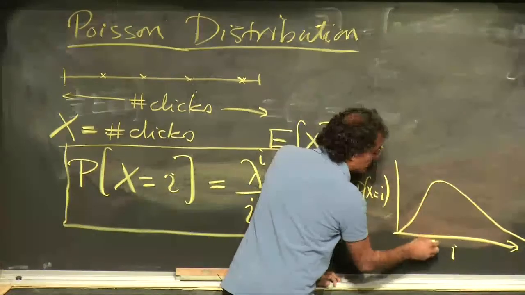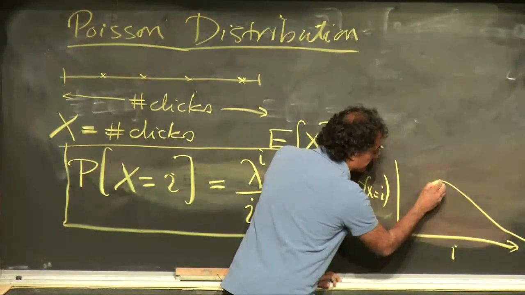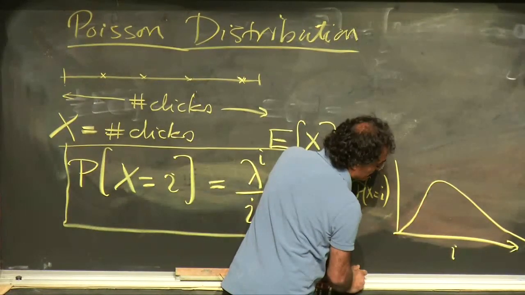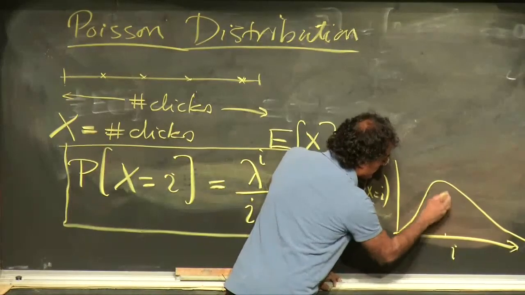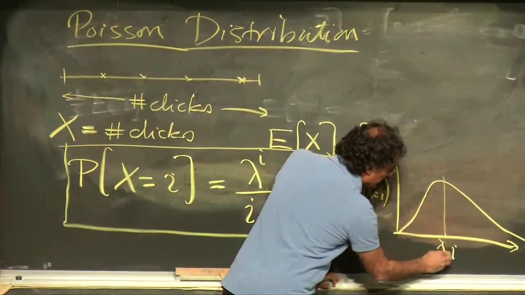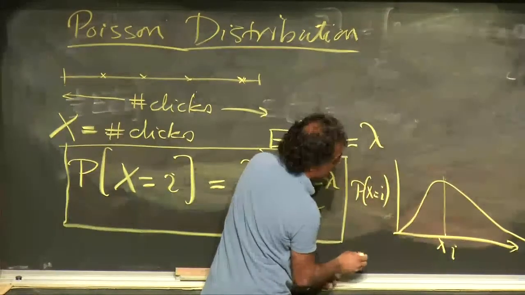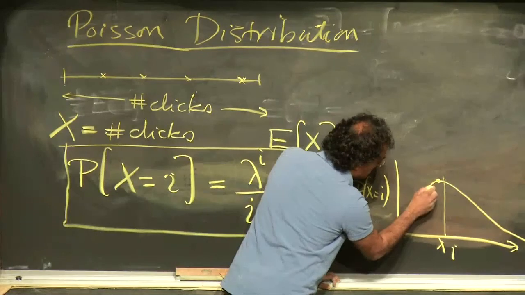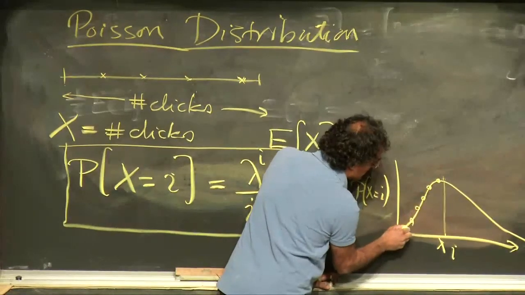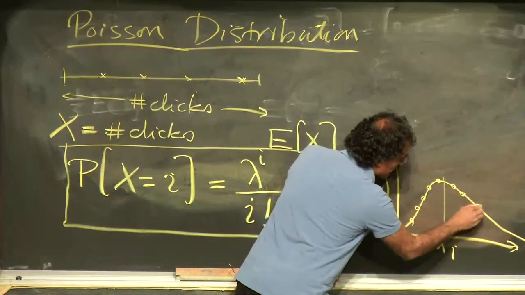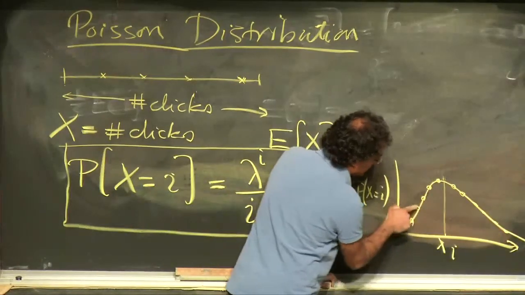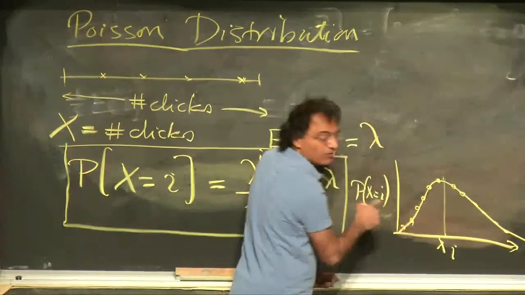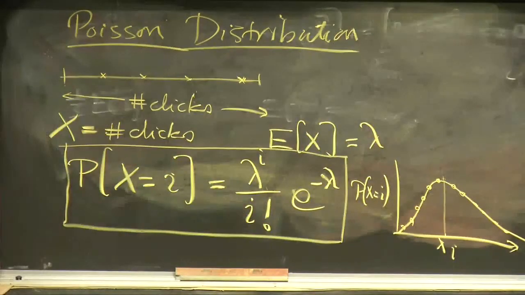So lambda would occur something like this, where the peak of this curve. Remember that again, this is a discrete probability distribution. So you have points like this, and the peak is occurring here, and it'll occur at the floor of lambda. Okay.